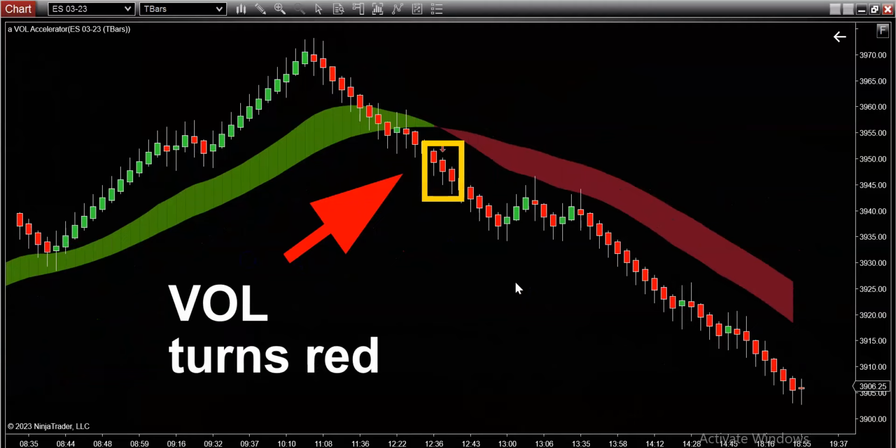I don't normally do this, so I want to preface this and warn you guys that I don't normally trade the color change of this indicator. That is typically the aggressive way. Not that there's anything wrong with trading the color change.